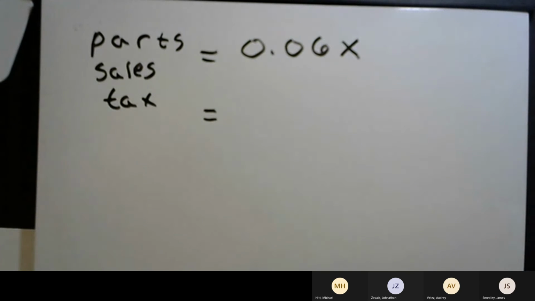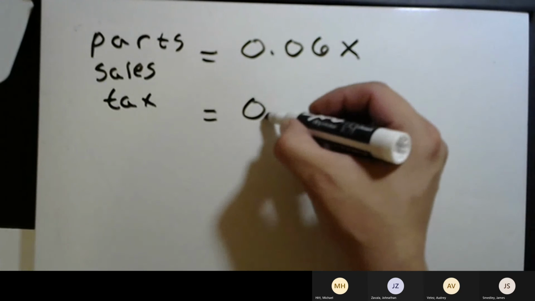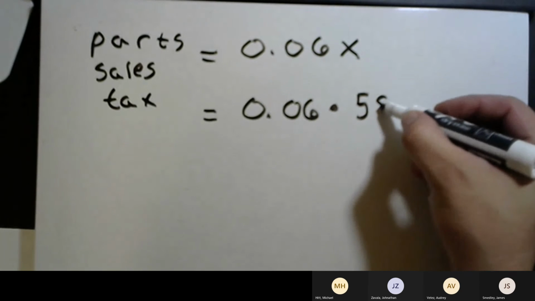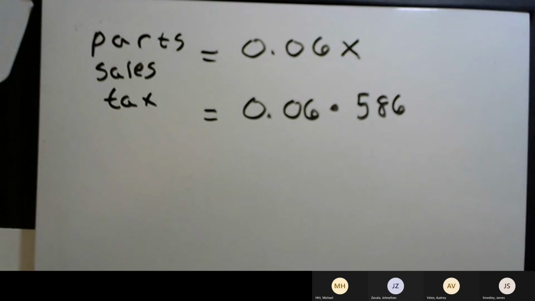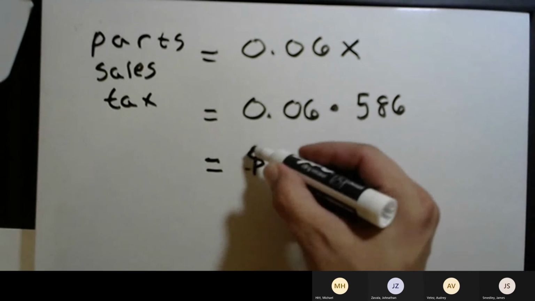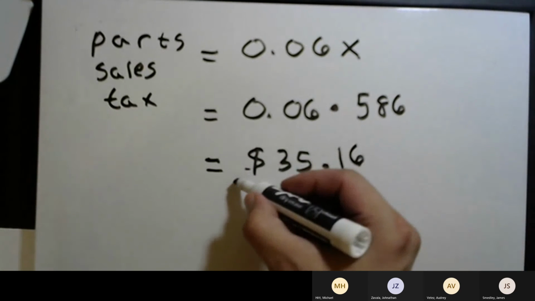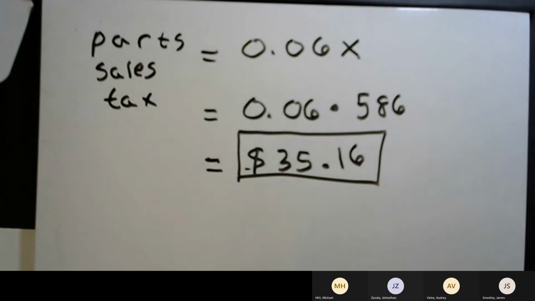But we know what x is, it's 586. So 0.06 times 586, or $35.16. And that's going to be our answer.